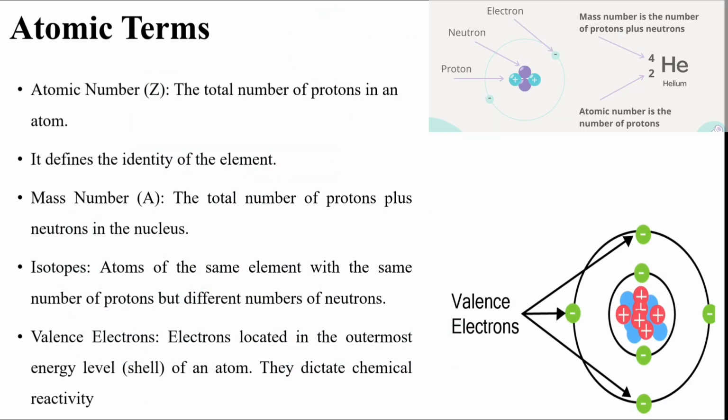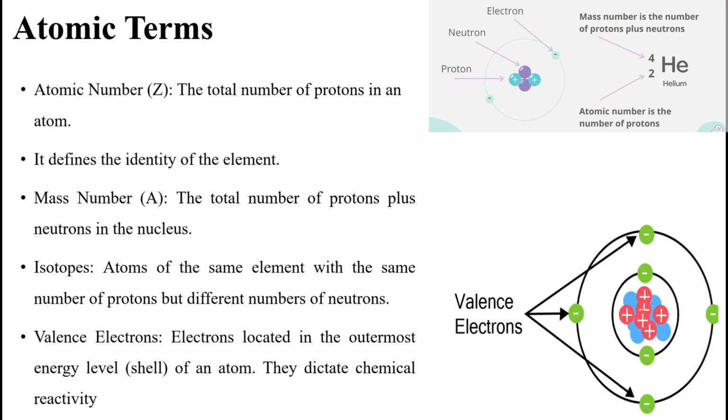Then atomic terms. What is atomic number? It is the total number of protons or positively charged particles present in an atom. Next is mass number, A, the total number of protons plus neutrons in the nucleus of an atom.